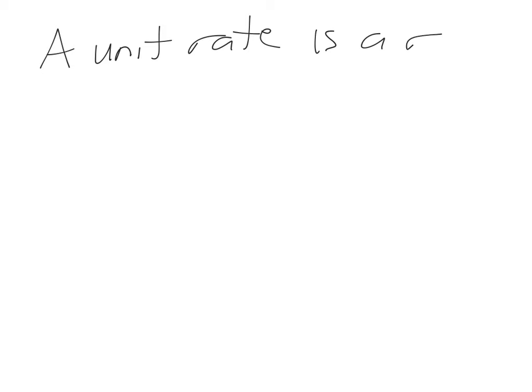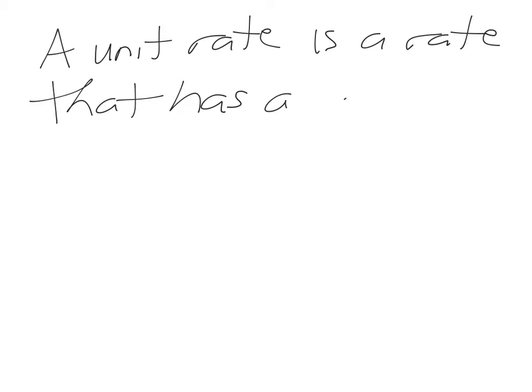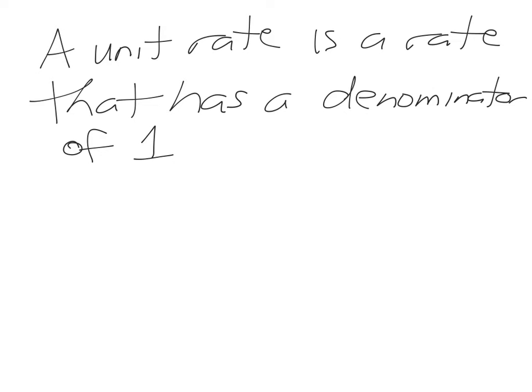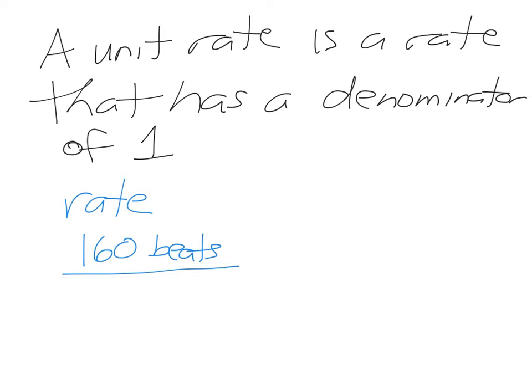Now sometimes I'm going to ask you to write it as a unit rate. A unit rate is a rate that has a denominator of 1. So let's take our rate that we just talked about. If the rate was 160 beats in 2 minutes, then to find the unit rate, I want to make the denominator 1.